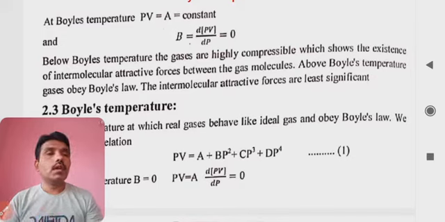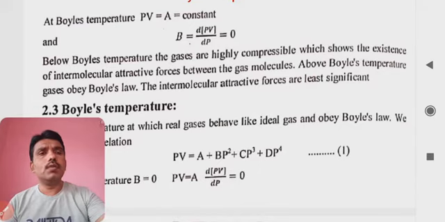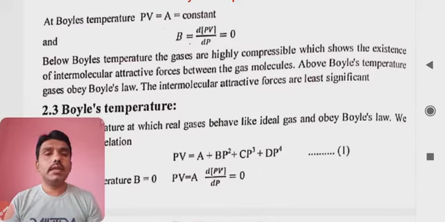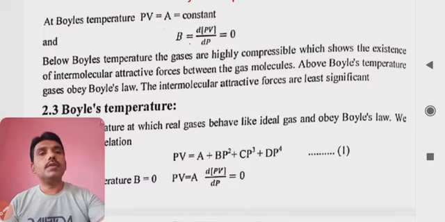Above the Boyle temperature, gases obey Boyle's law, that PV is equal to constant for the pressure. Intermolecular attractive forces are very least significant. And this is the behavior of the real gases at high pressure, related with the Boyle temperature part.